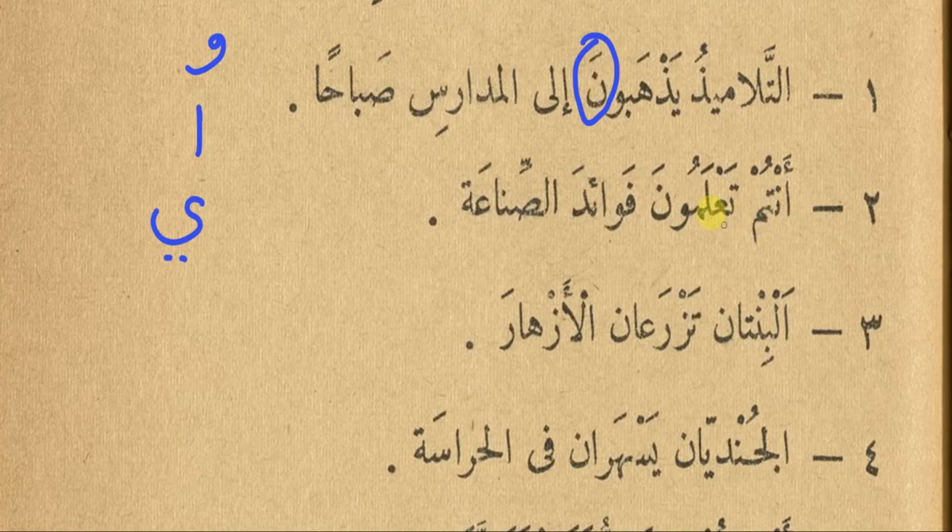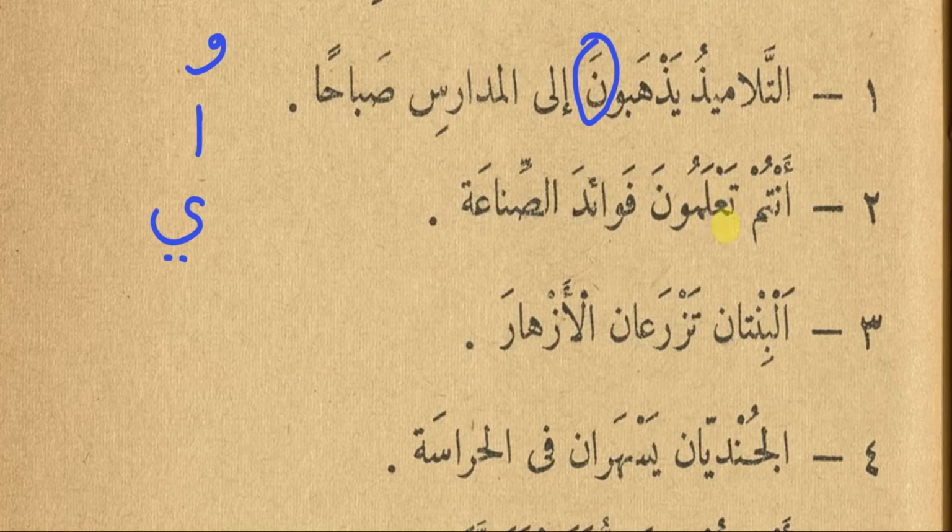Now the verb used is this with this ta here. Notice this ta with the present tense at the beginning of a present tense verb indicates the second person or a third person singular feminine if there is no other pronouns to modify that. So تعلمون.